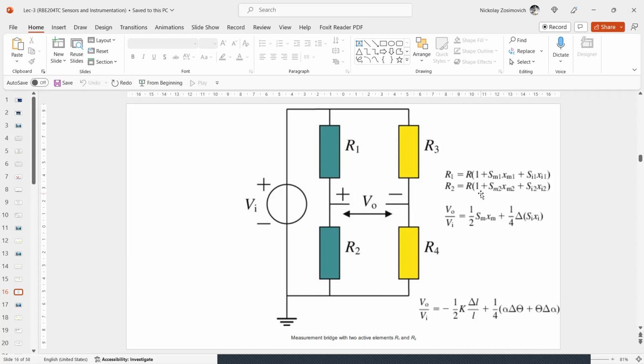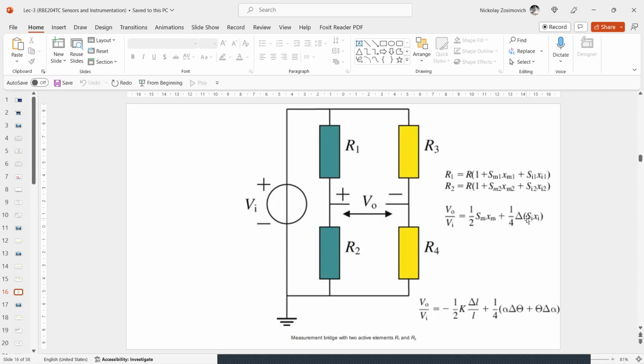So here, you may find that S is the sensitivity of the sensor to the measurand, for instance, deformation. And SI, in both cases, is the sensitivity to the interference signal, like, for instance, temperature.